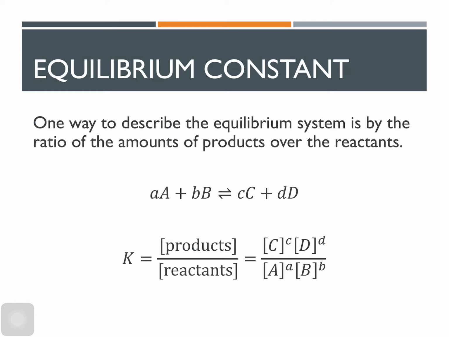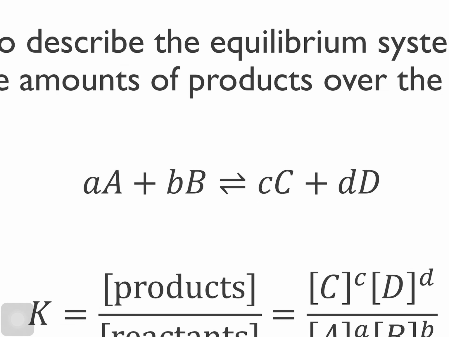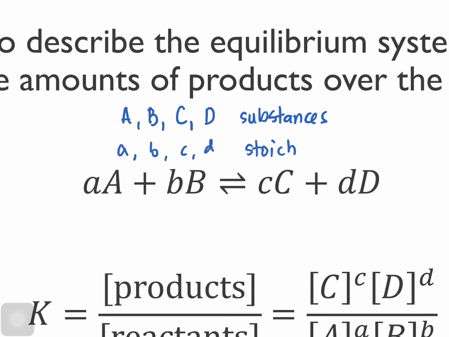So suppose we have this general equilibrium expression where capital letters A, B, C, and D are your substances, and small letters a, b, c, and d are stoichiometric coefficients. When I say stoichiometric coefficients, these are numbers that are used to balance the whole equation.